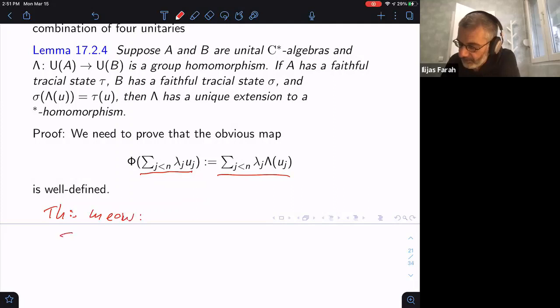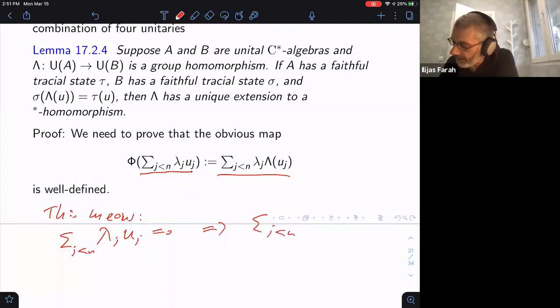Because these are vector spaces, we just need to check that the kernel is in the right place, that this is equal to 0 implies that the sum over j less than n of lambda_j, capital lambda of u_j is also equal to 0.